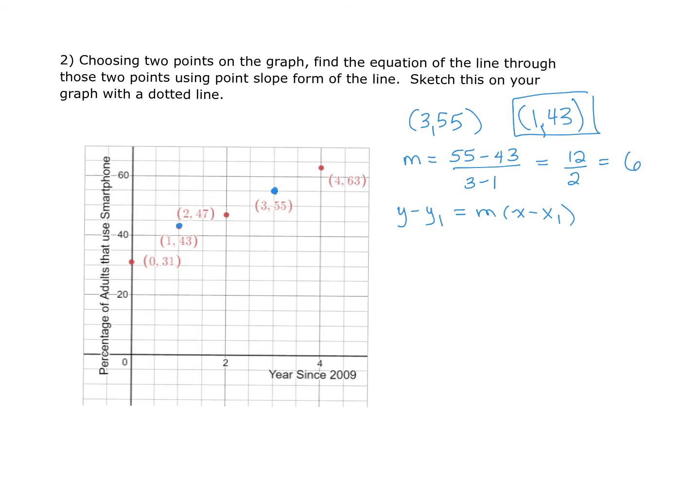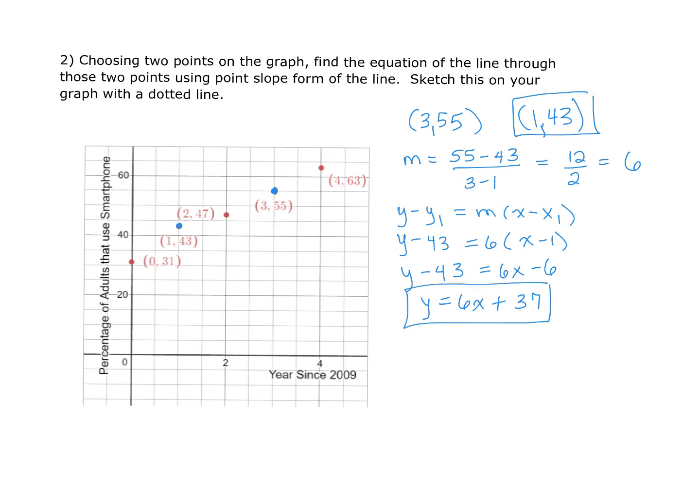So in this case, we're going to get y minus 43 equals 6 times x minus 1. Distributing, we get 6x minus 6, and then adding 43, we get y equals 6x plus 37.